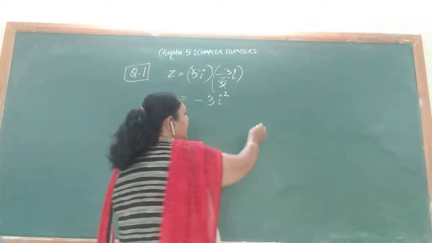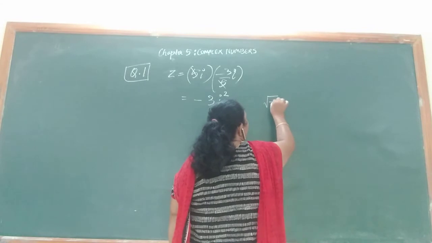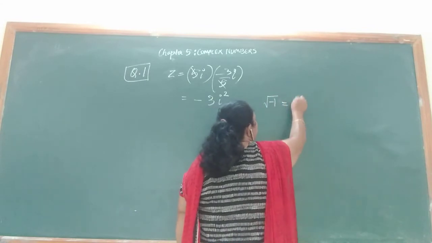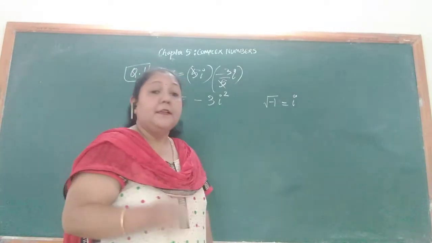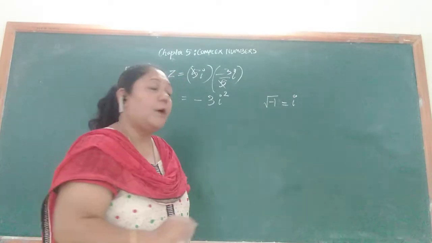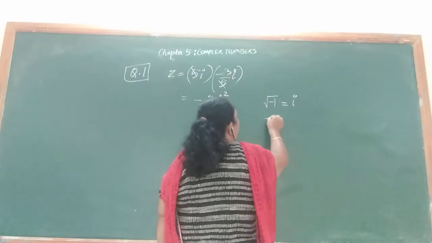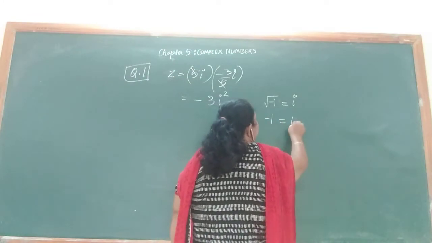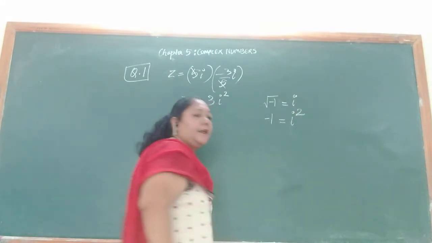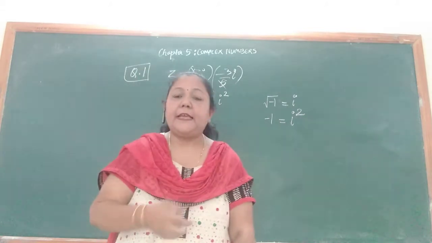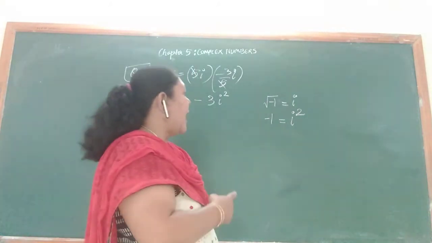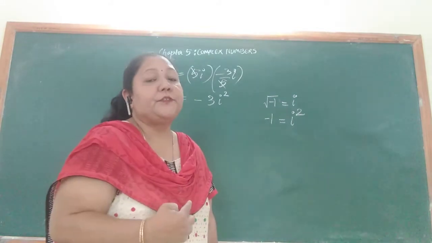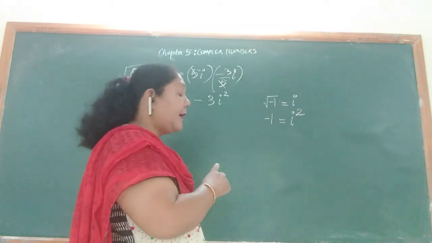Now some time before I had said root of minus 1 is called i. Root of minus 1 is called i. So if I square both the sides, what will happen? I will have minus 1 is equal to i square. So from now onwards, while solving the questions, whenever I get i square, I'll substitute it by minus 1.